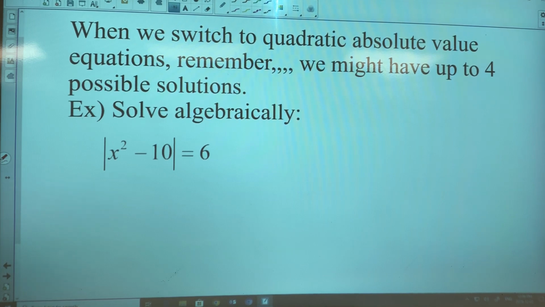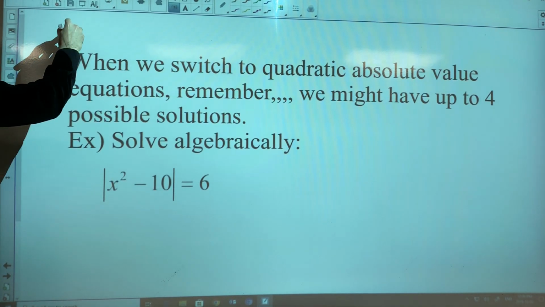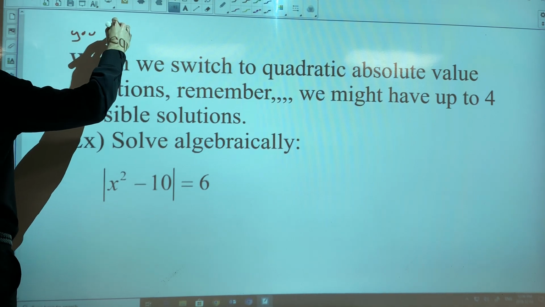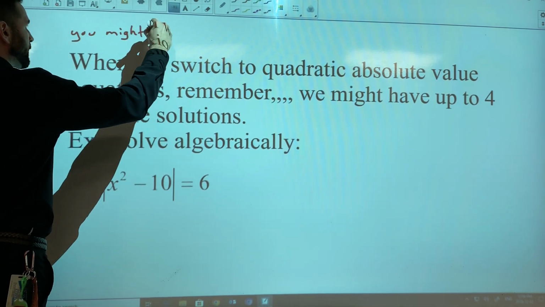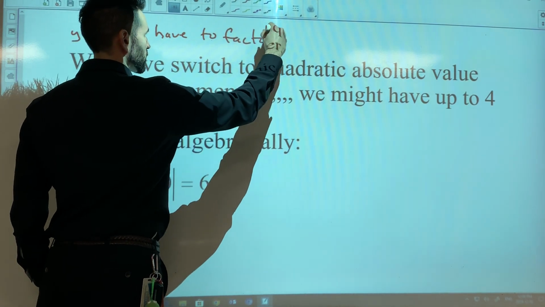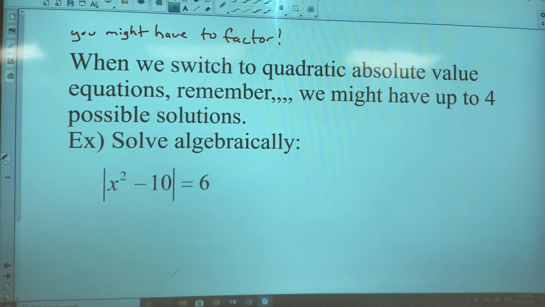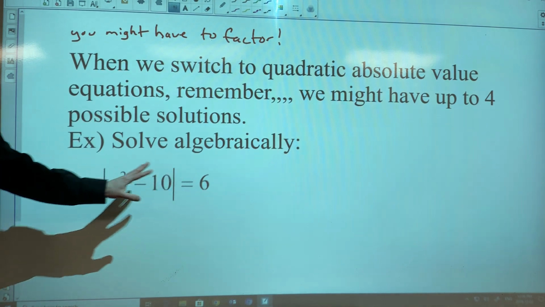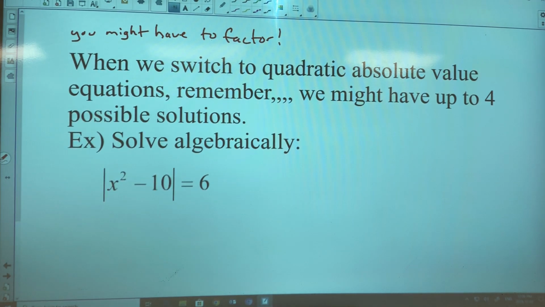Okay, sorry. So for the quadratic ones, you might have to factor. But otherwise their strategy is the same. We're going to solve the positive version of it, and we're going to solve the negative version of it. And then you'll have to check.